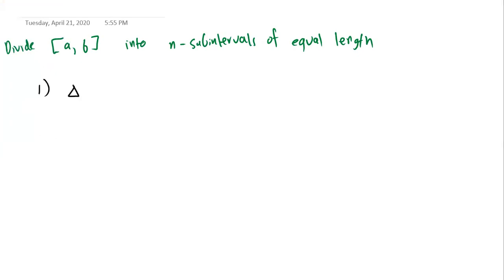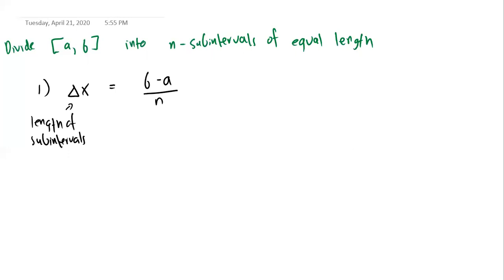I'm going to just call it change in x from now on. Remember, this is the length of each subinterval. This is always going to be given by this formula: subtract the endpoints and divide by the number of subintervals you want.